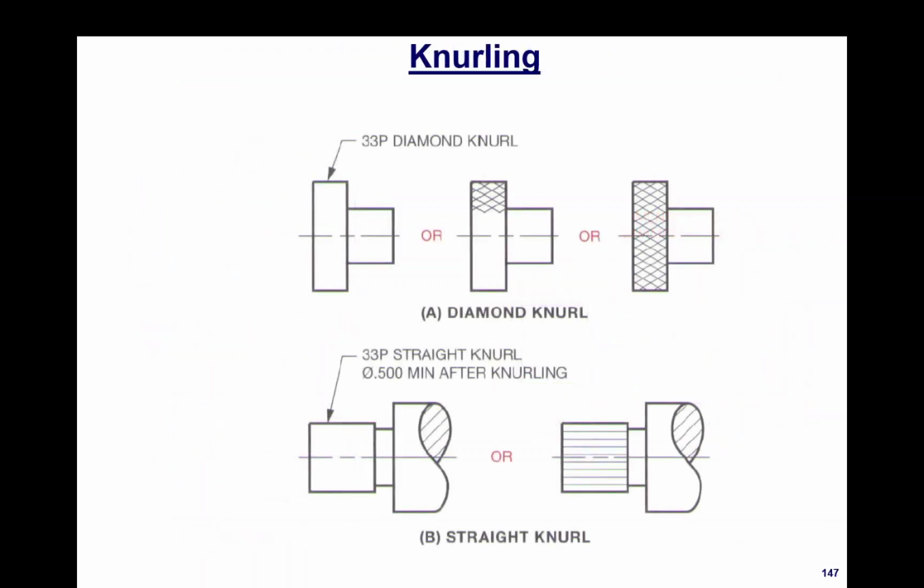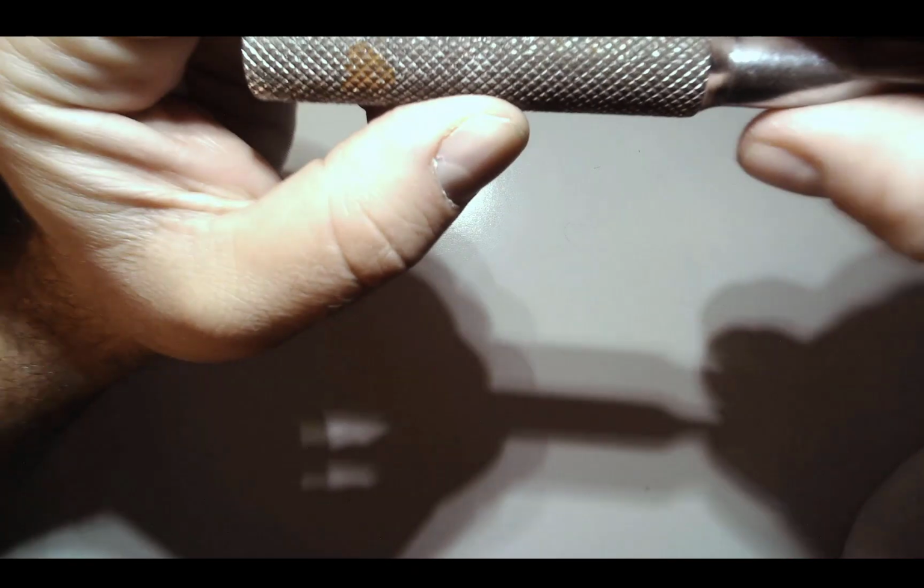So knurling is just a process where we turn a component on a lathe, and we force two wheels that deform the surface and create a pattern. So here's an example. I'll just show you a tool that I have, and here's a ratchet, and we do this.